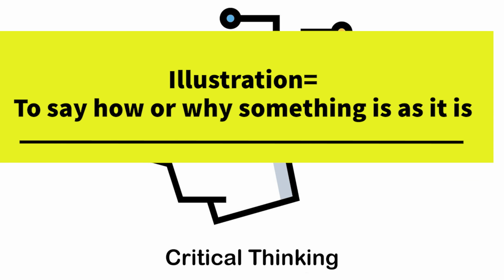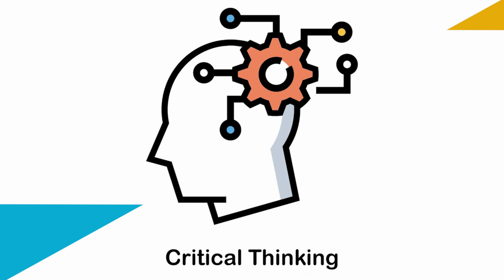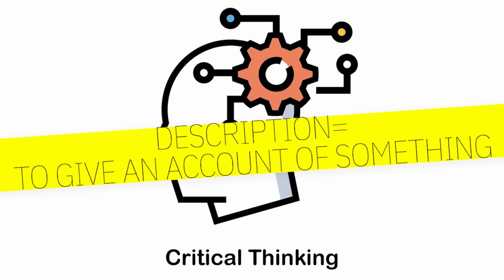An illustration means to say how or why something is as it is. Moreover, a description is to give an account of something. So giving an account of something, we call a description.